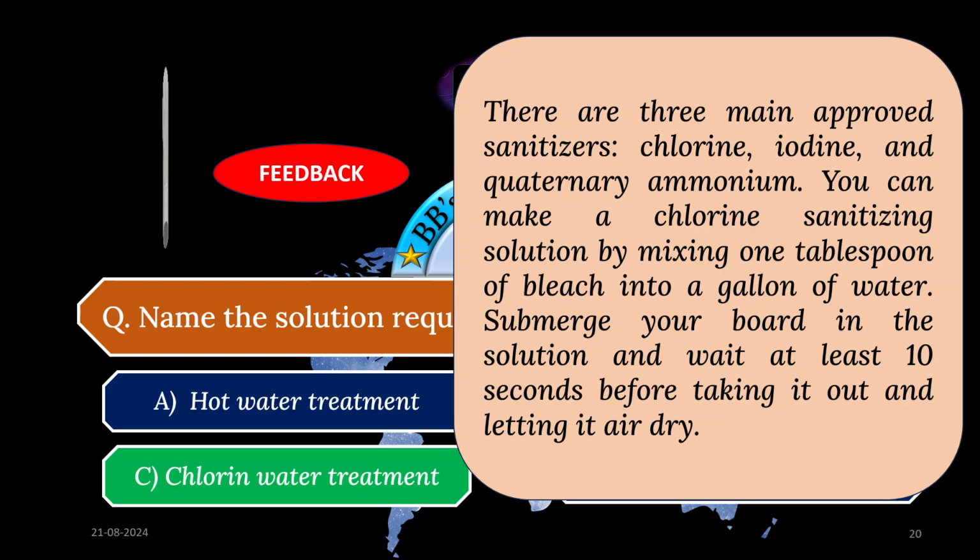You can make a chlorine sanitizing solution by mixing 1 tablespoon of bleach into a gallon of water. Submerge your board in the solution and wait at least 10 seconds before taking it out and letting it air dry. So that is the way we normally sanitize our chopping board or cutting board in the kitchen at the end of the work. Clear?